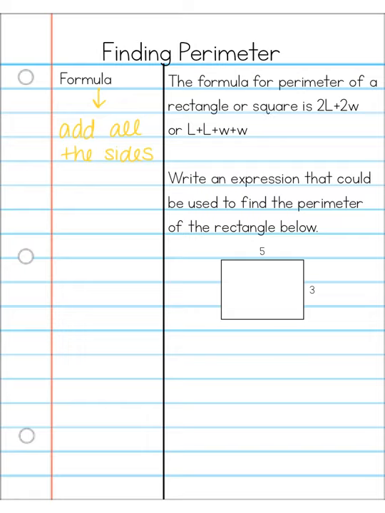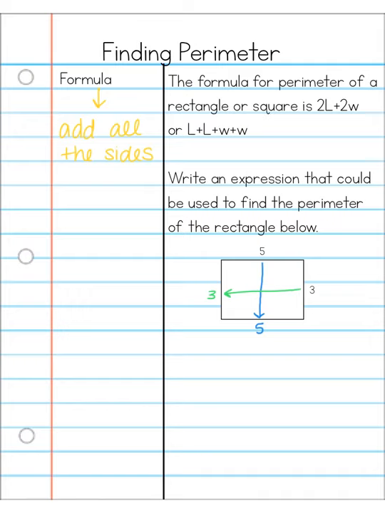Write an expression that could be used to find the perimeter of the rectangle below. In this problem, the first thing I need to do is mark my unknown sides. I know that if the length is 5 on the top, it will also be 5 on the bottom. And if the width is 3 on the right, it will also be 3 on the left.